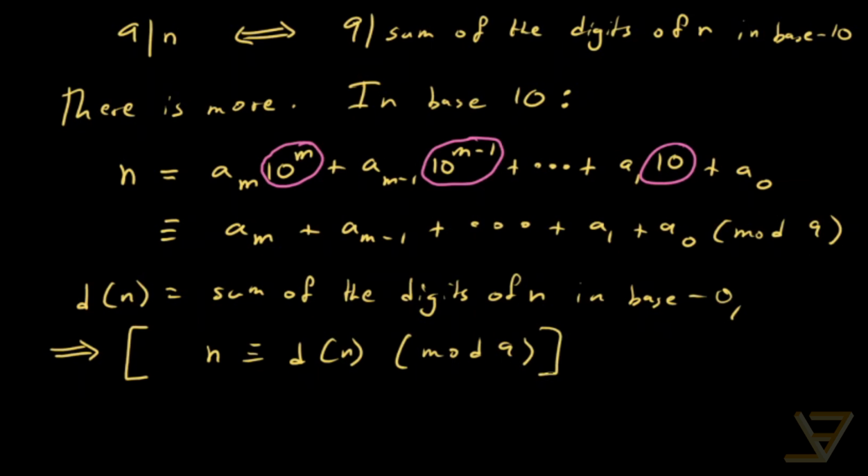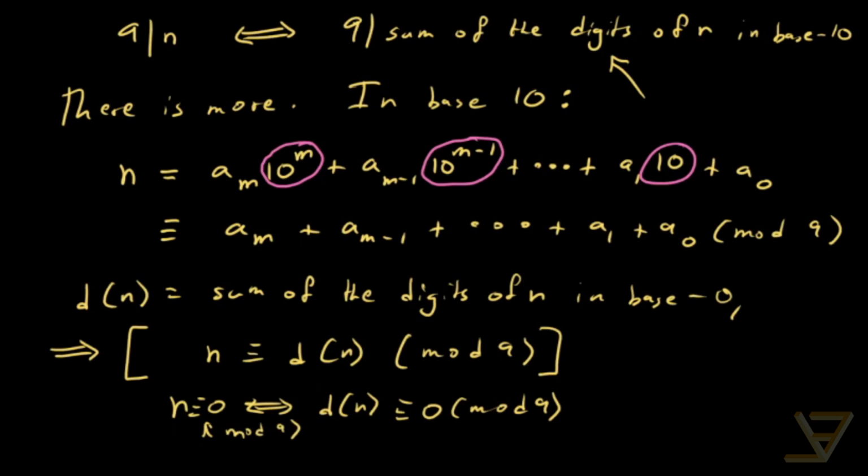So you can see how this implies the original result, because n is congruent to 0 if and only if d(n) is congruent to 0, also mod 9. So this result is more general than the original result.